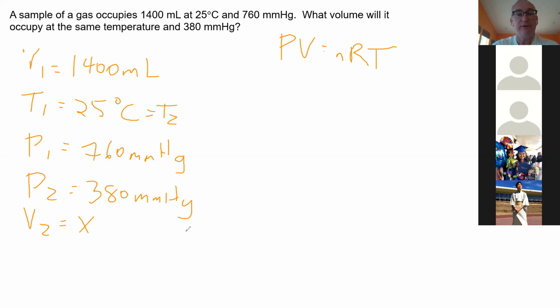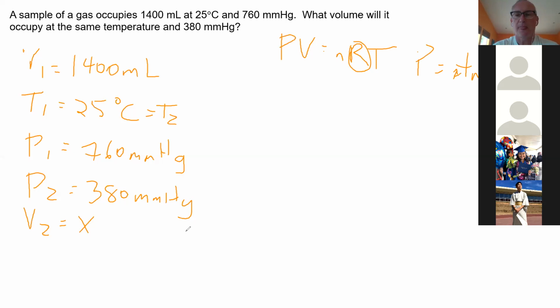But pressure changes, and so we do need to worry about that. How do we go from millimeters of mercury to atmospheres? Because remember, pressure is always going to be in atmospheres for our particular value of R.